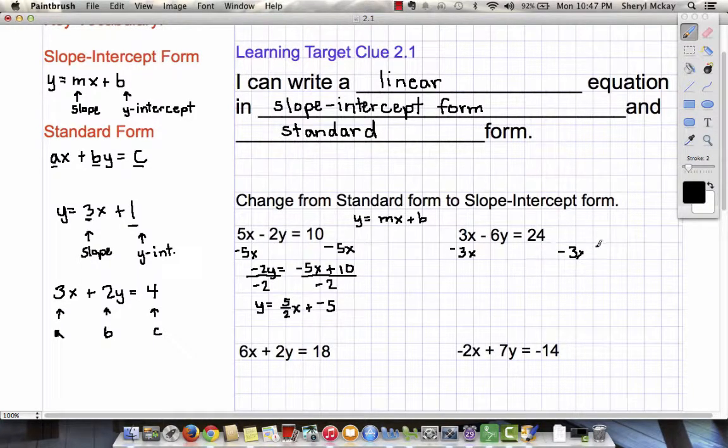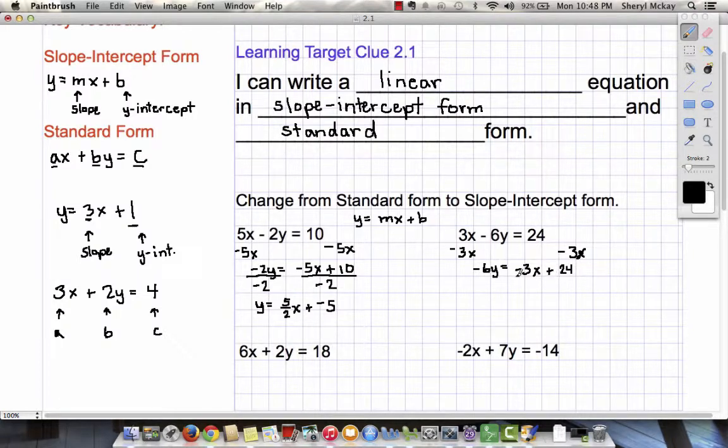If I had left myself some more room, I might have actually put it in front of the 24, but when I rewrite my problem, negative 6y equals, I'm going to put that negative 3x in front, just because y equals mx plus b has the x before the b, the constant. So I'm going to write negative 6y equals negative 3x plus 24.